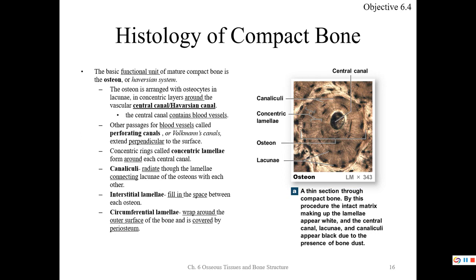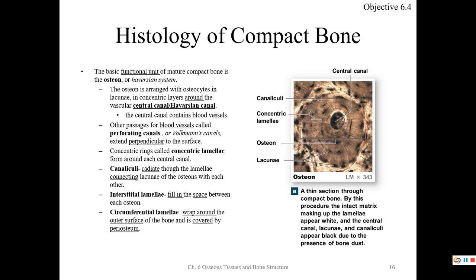The other blood vessels that go perpendicular to the surface are in perforating canals, also called Volkmann's canals. I do sometimes use alternate names on tests, so be ready for that. But those are important because that's one of the ways that osteomyelitis can spread throughout bone.